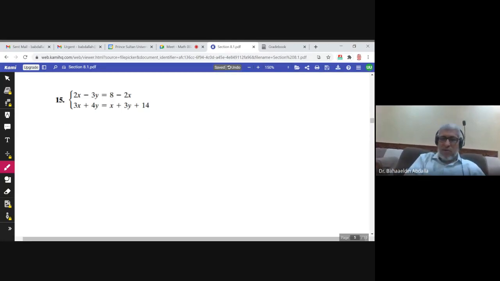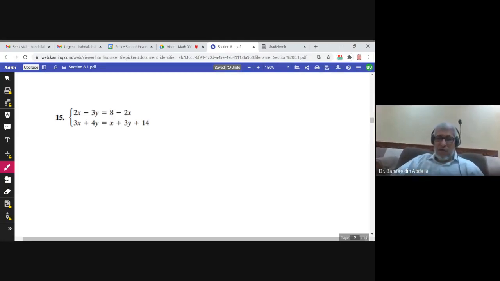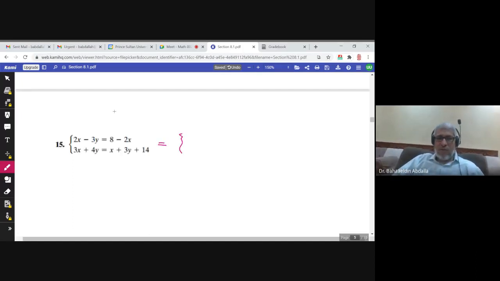Here, what do you need to do? Well, I need to first simplify the equations. Write each equation in the form ax plus by equals c. I have negative 2x here. Take it to the other side, so it would be 2x plus 2x.